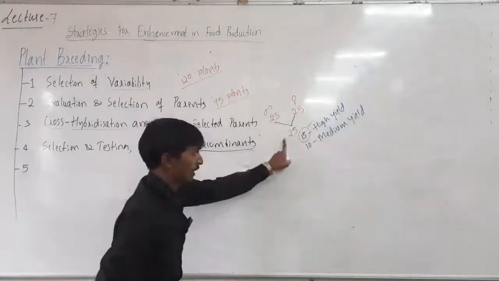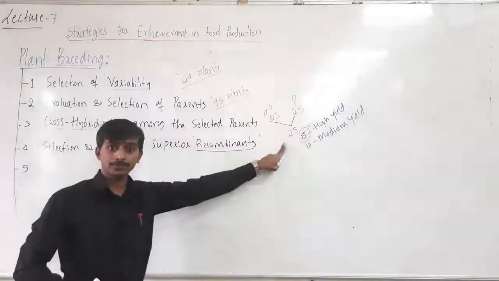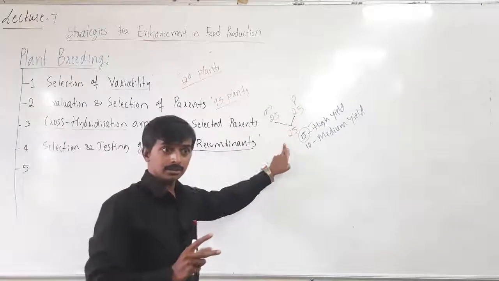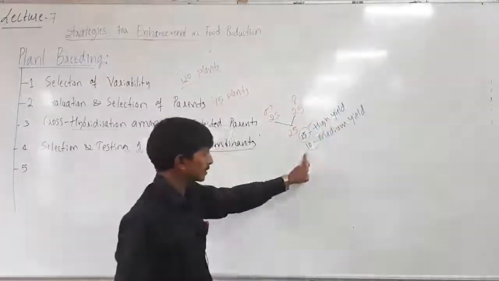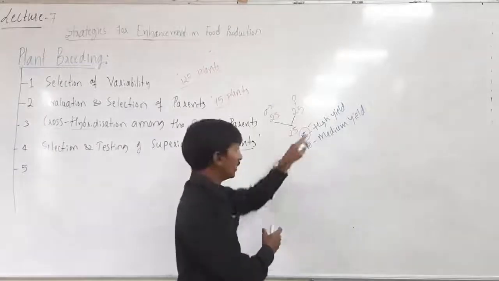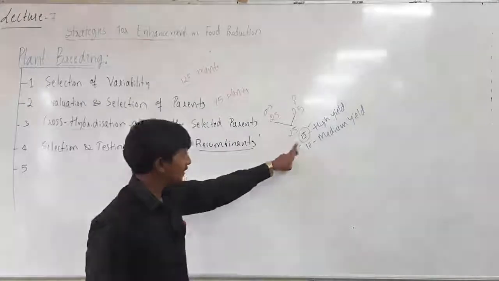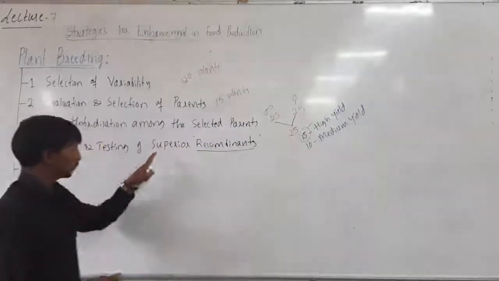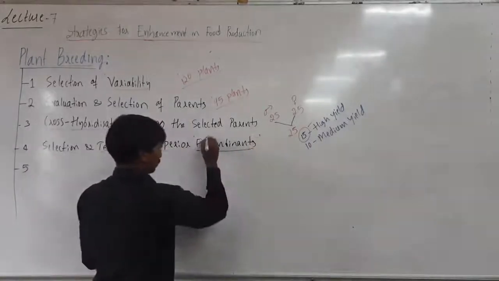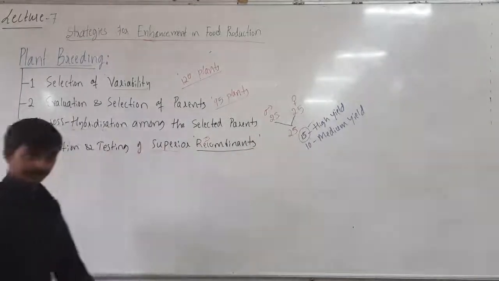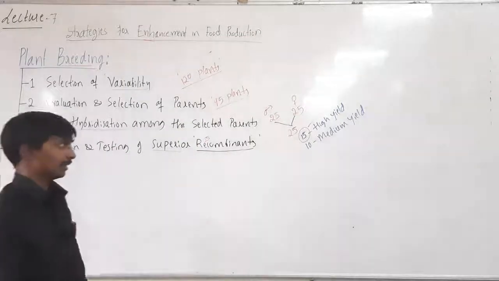Recombinants means the products of a cross pollination. Among the recombinants, we found two different groups. One group was high yielding, one group was medium yielding, means some plants were having high yield, some plants were having a medium yield. So now I can say that 15 is the superior recombinant. So we have selected those superior recombinants.